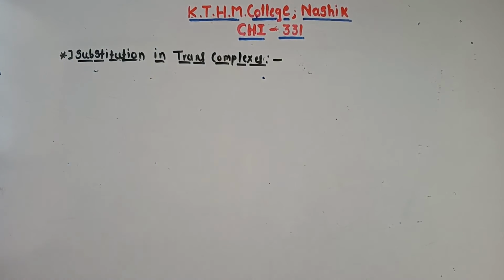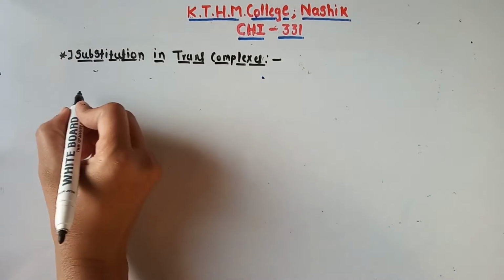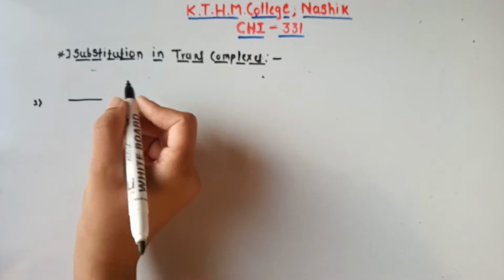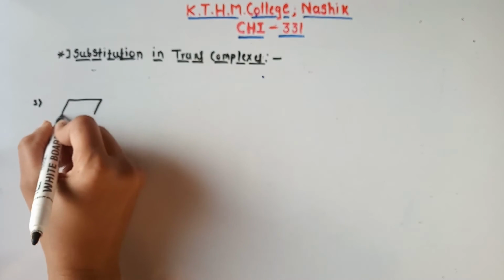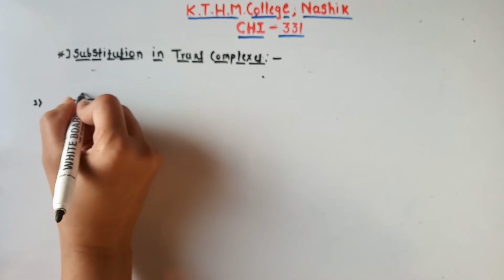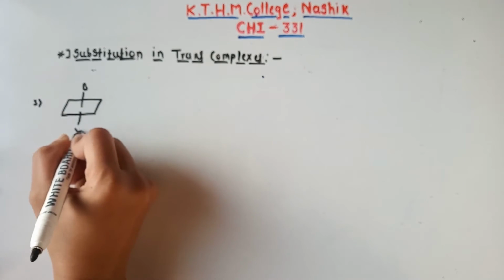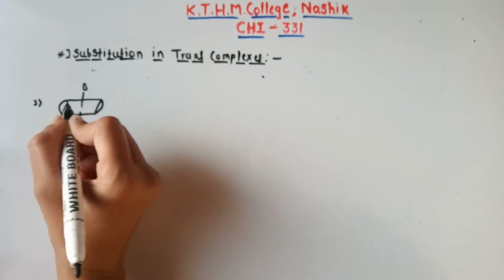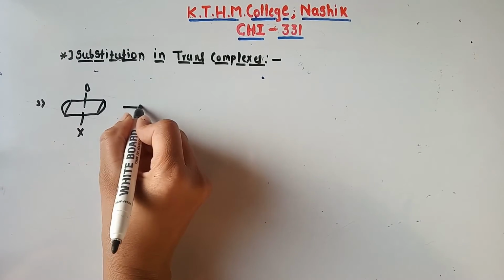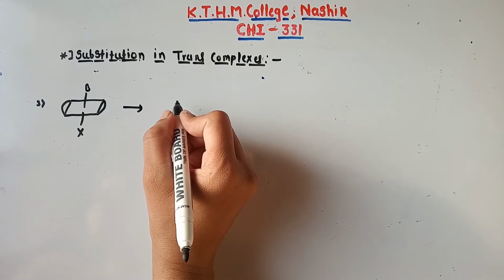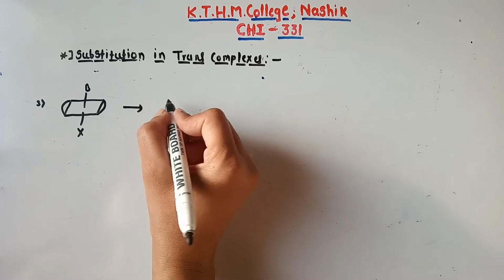While in the last case, that is when B is at the axial position, this is the last case or third possibility. This is also an interesting one. When B is at the axial position, again we get a trigonal bipyramidal intermediate, but it is less likely.